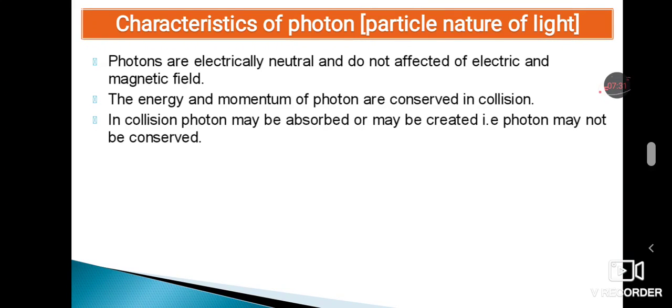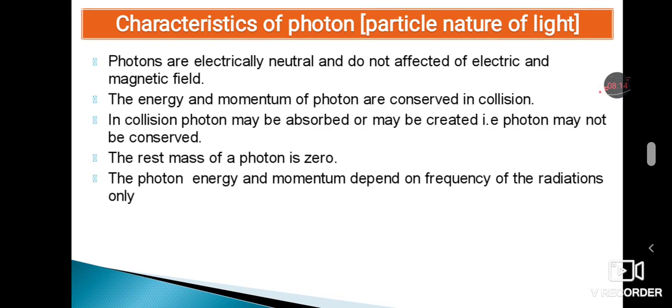Just to understand, the energy and the momentum of the photon are conserved, but the photon itself is not conserved, because during a collision sometimes the photon is absorbed by the electron, or sometimes it is split up and created into 2-3 parts. So the total number of photons is not conserved, but the total energy and momentum are conserved, and the rest mass of the photon is 0. There will be no rest mass of the photon, that is 0 here.